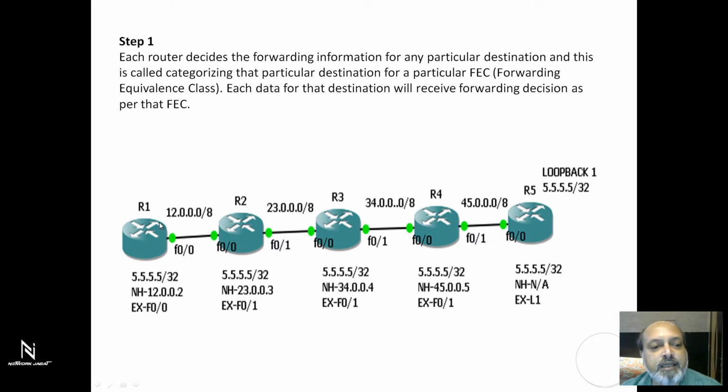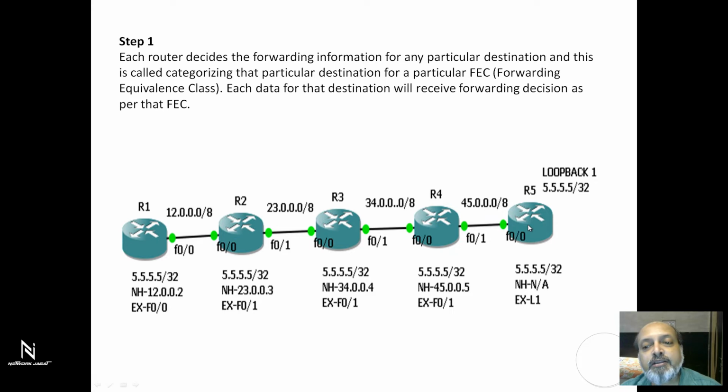So the edge LSR which forwards data into the MPLS domain is called the ingress edge LSR. And if you consider R5, here the data actually leaves the MPLS domain. So for that reason, this router is considered the egress edge LSR.